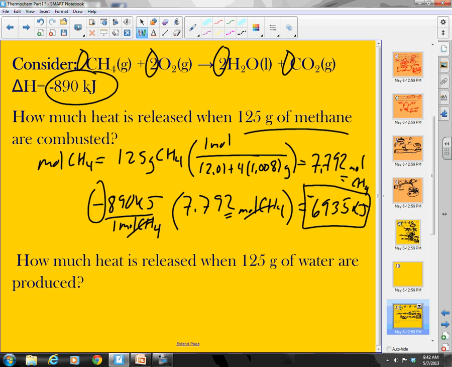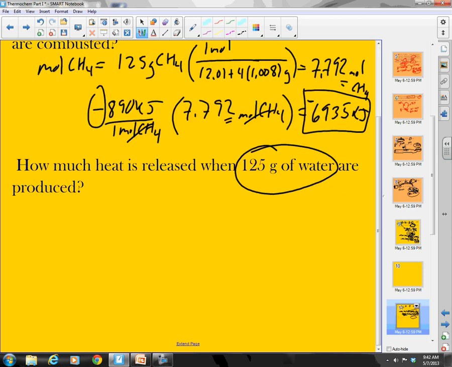Cool. How much heat is released when 125 grams of water are produced? Okay, same thing. Moles of H2O equals 125 grams of H2O times 1 mole per 2 times 1.008 plus 16.00.